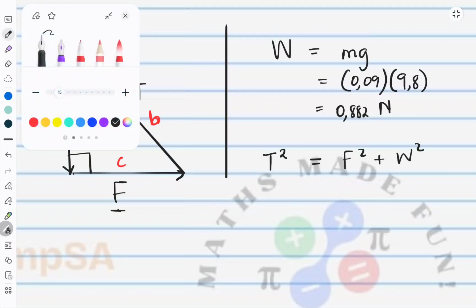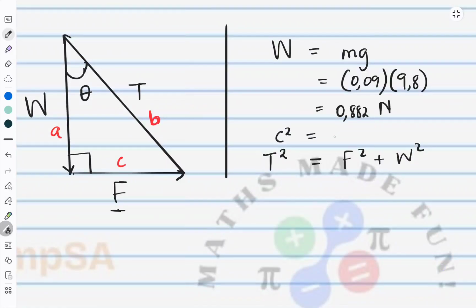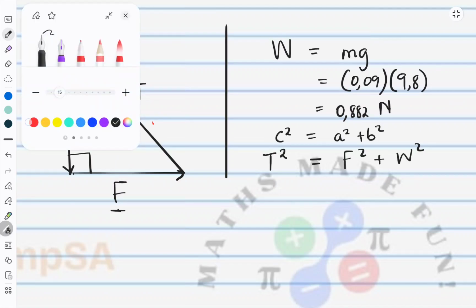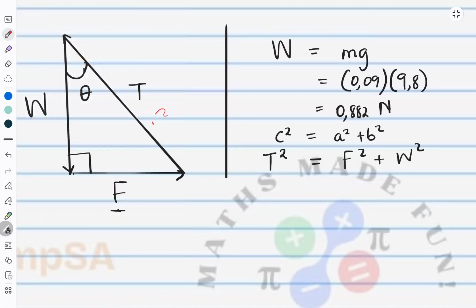So C squared is equal to A squared plus B squared. In this case, C is T, my hypotenuse side.